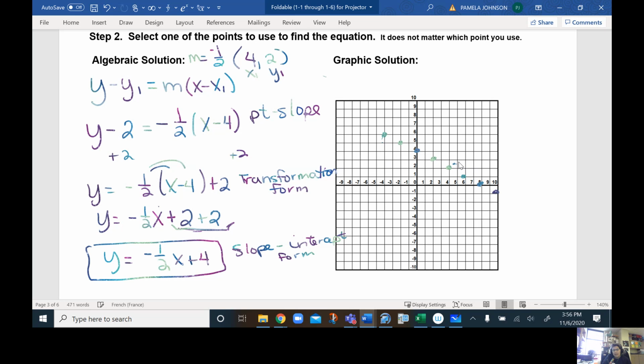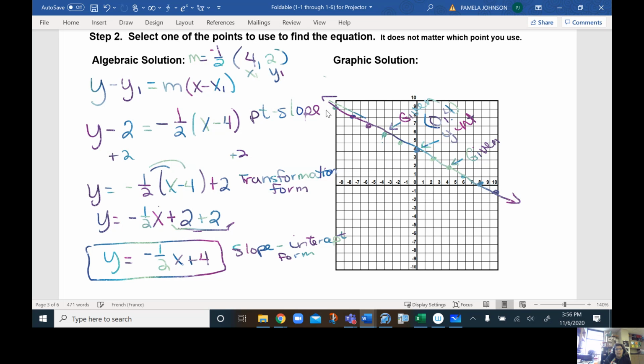Okay. I remember this one is given. This one is given. And then we have our y-intercept here at +4. We can finish filling the rest of the graph on this side and then graph our line.